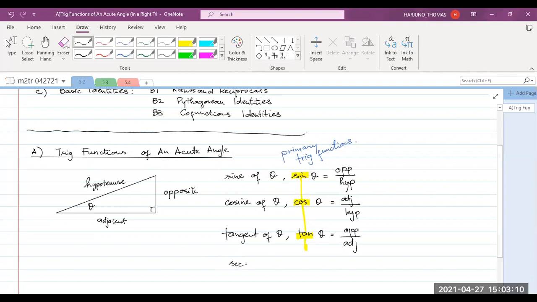Secant of theta, denoted by sec theta, is defined to be the reciprocal of cosine theta. So the reciprocal of cosine theta is hypotenuse over adjacent.